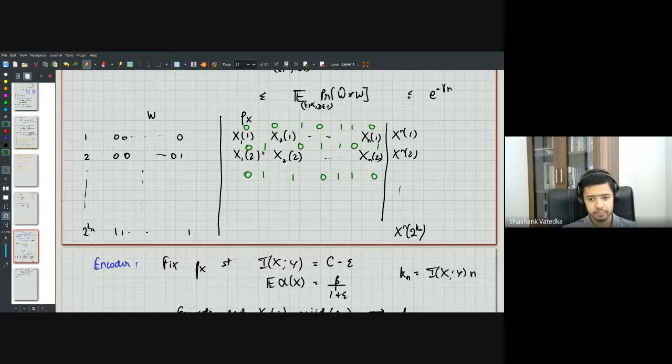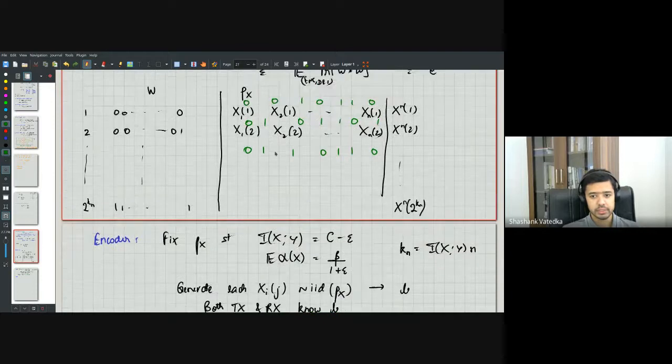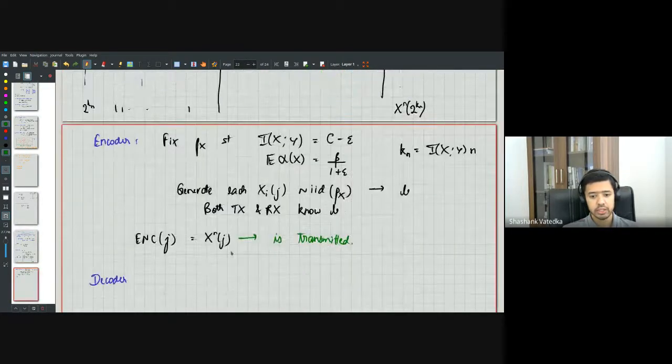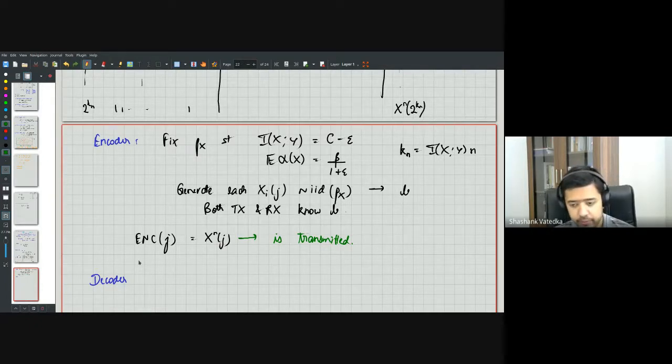But that's okay, it doesn't matter. We will count that as an error later. All right. This is the code book generation process, and this is the encoding process. You just have the table, and you transmit the code word which is there according to that table. Okay. Is the encoder part clear?